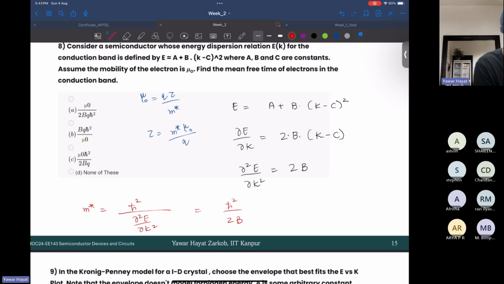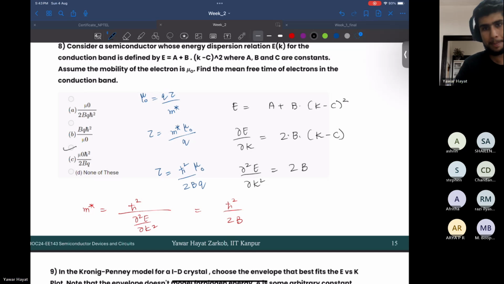So this is what we'll obtain. Our tau would be equal to h bar square by 2b q mu naught, which is what Shailendra said, option C. So this is the correct one. Is this clear? I hope it is. I'll move forward.